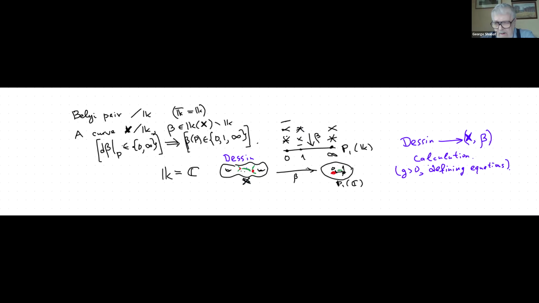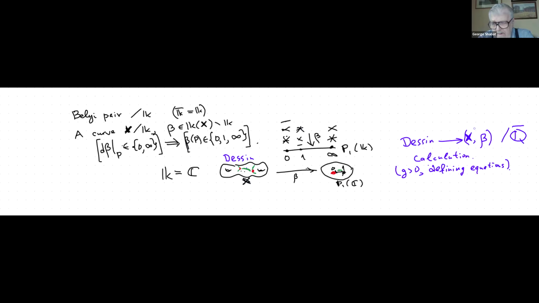So now I remind that according to Belyi's theorems, these objects are defined over Q bar, the field of algebraic numbers.